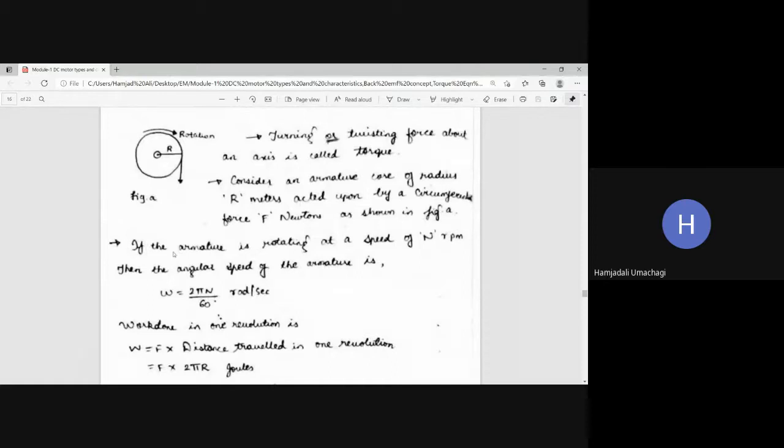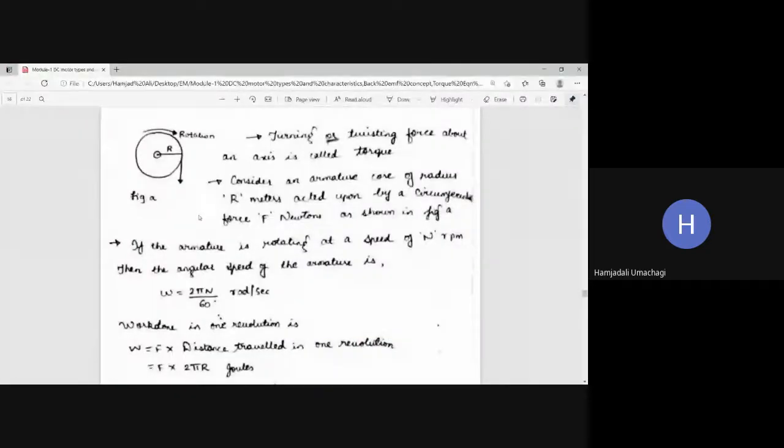Then if the armature is rotating at a speed of capital N RPM, then the angular speed of the armature is needed. So the armature is experiencing a certain circumferential force of F newtons, and it is moving with a certain speed capital N. With all this, it now has a certain angular speed.